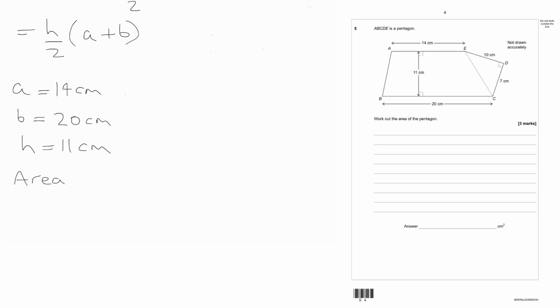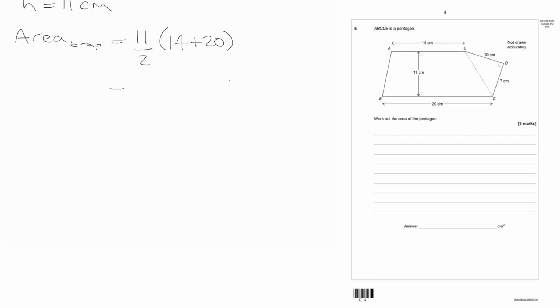So I'm just going to call this area trap, and this equals H over 2, so that's 11 over 2 times A plus B, that's 14 plus 20. And this equals 187, and this is in centimeters, so it's going to be centimeters squared.